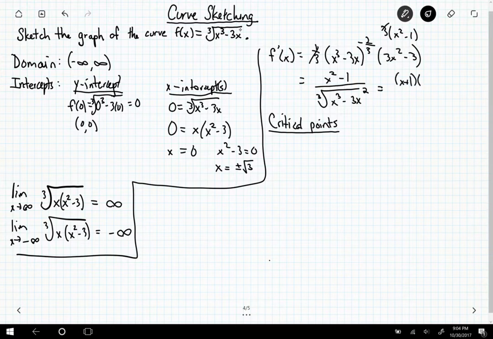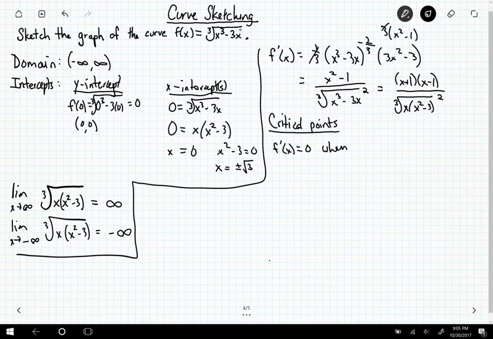I'm not saying we have to, but it might be a little bit easier for us. And just so we know, on the denominator you have x, and then remember, this is x squared minus 3. Okay, and we square that whole quantity. So first off, when does f prime of x equal 0?